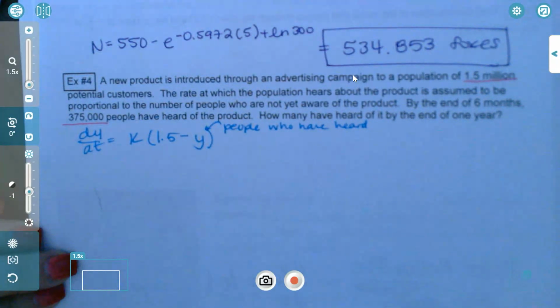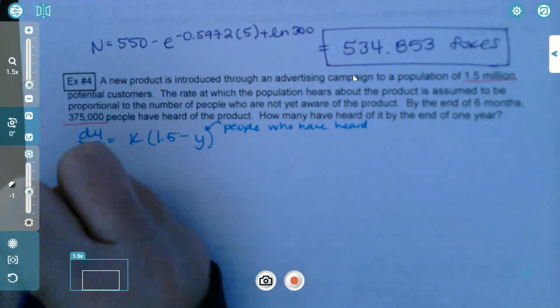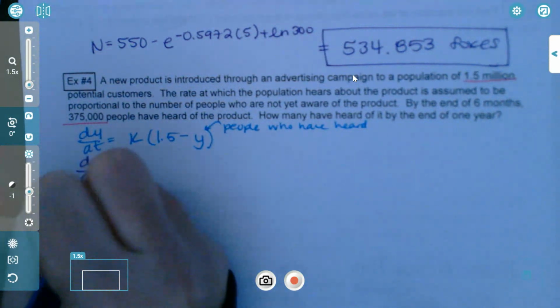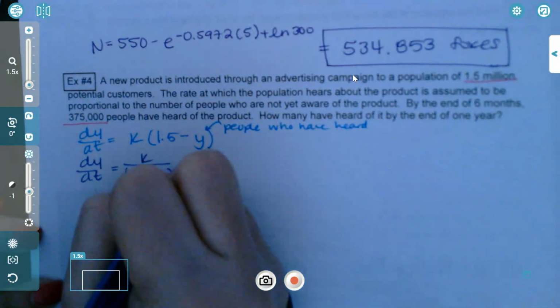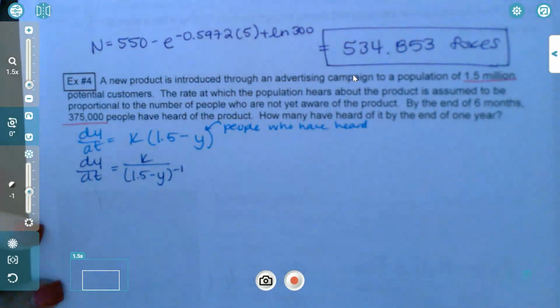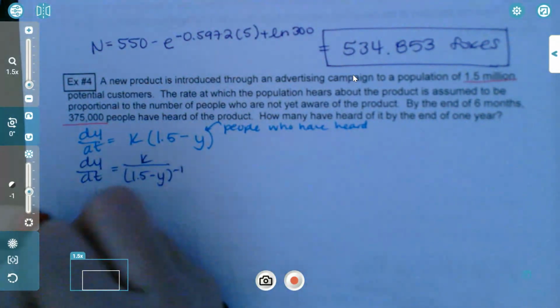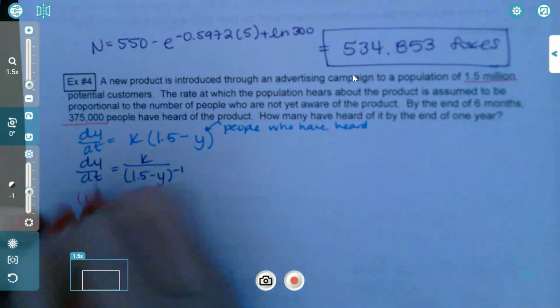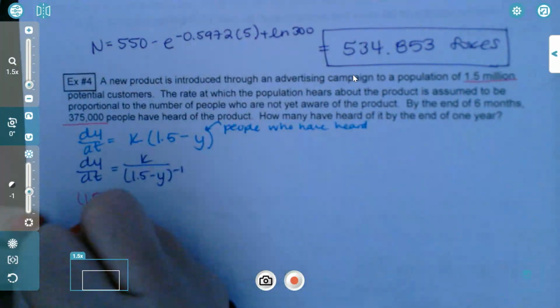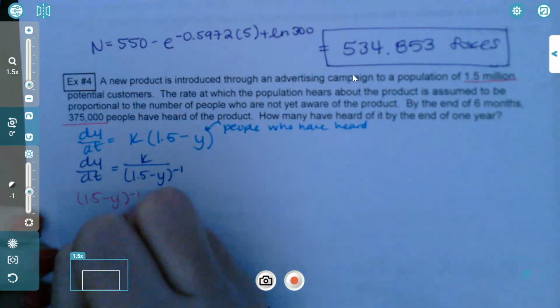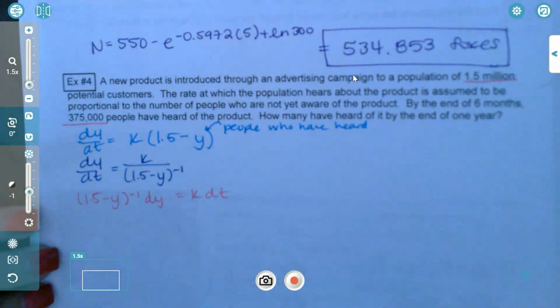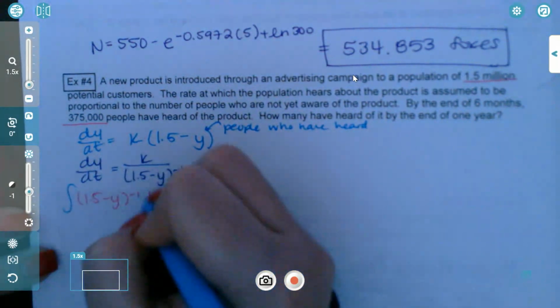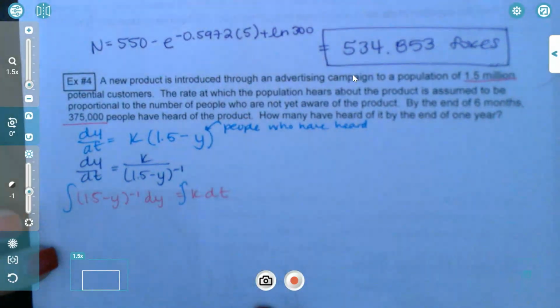We want that y to be across from that y, so I'm going to pull that down. And now we can cross multiply and take the antiderivative.